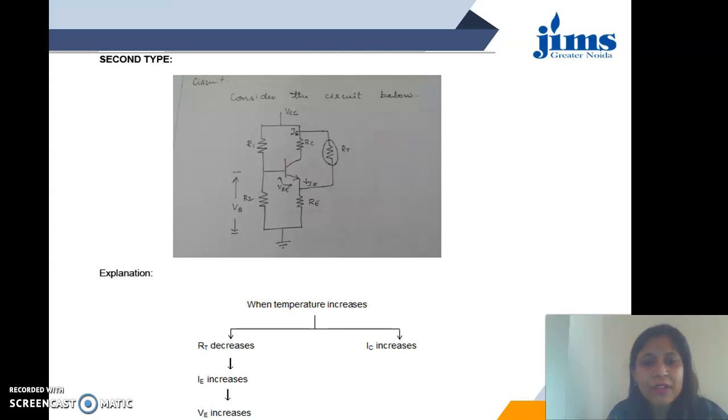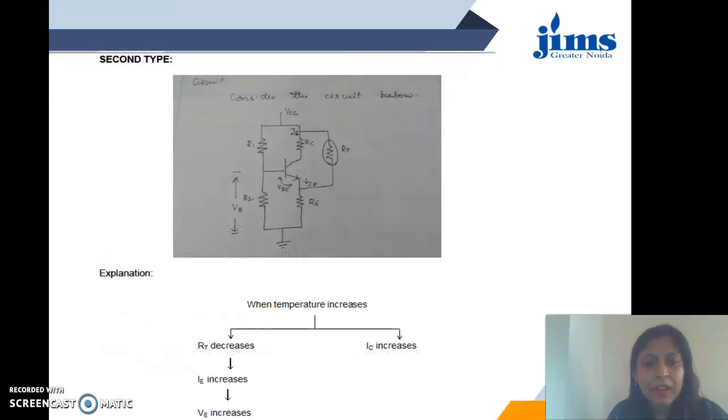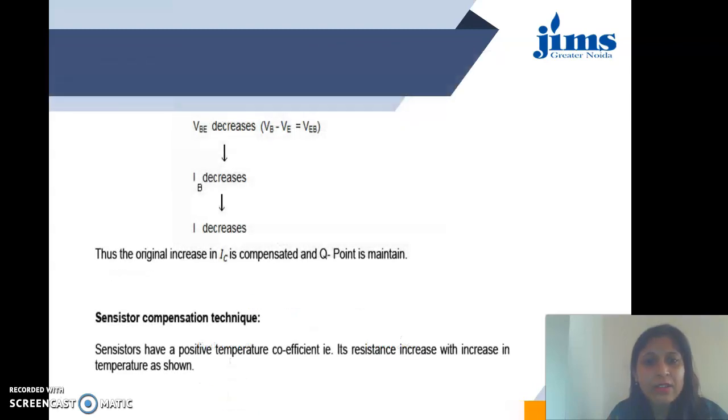Now due to this, emitter current IE decreases, which results in increment in VE, and that VE brings the decrement in VBE, decrement in IB, and decrement in IC, because IC is beta times IB. So these things are interrelated to each other, and therefore the stabilization of the Q point or compensation is done.